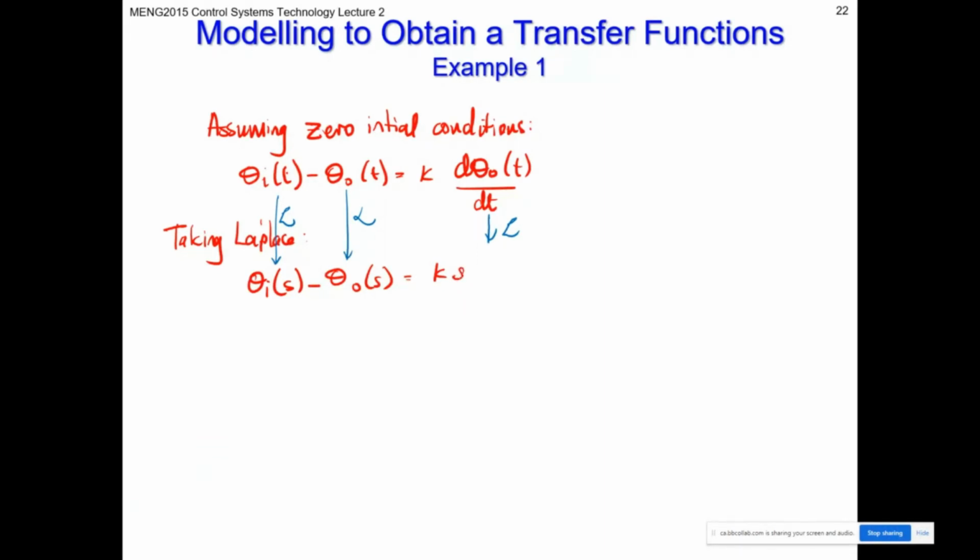So we learned just now that that's going to give us an s times theta out s, plus theta out T0. Made it a little complex because theta and theta is the same, but this is our initial condition. But we said zero initial conditions, so that goes to zero. We're just ignoring that.